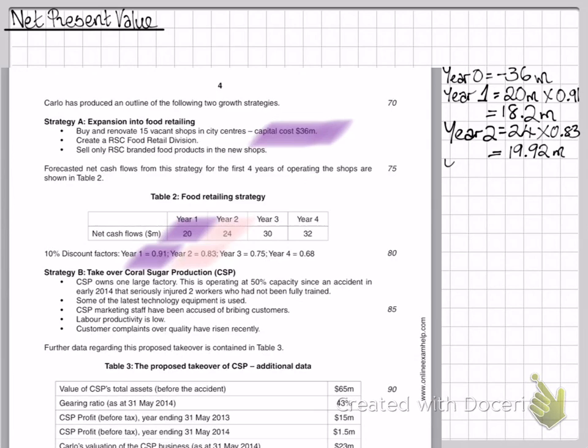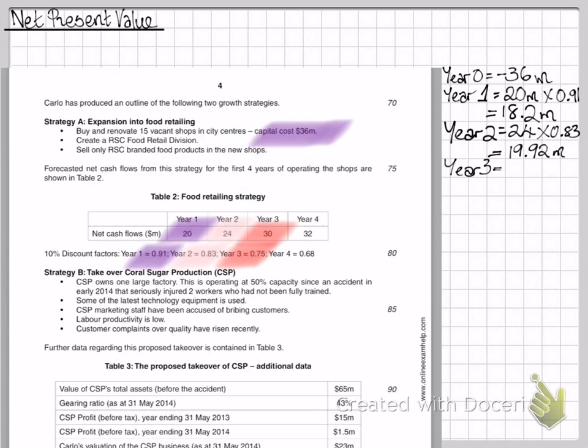Now in year 3, we go back to our table and see that this investment gave us a $30 million cash inflow, and the equivalent discount factor is 0.75.